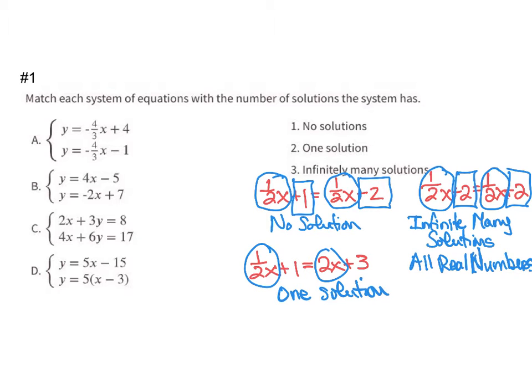I'm going to leave all those notes there, and we're going to go through A. Remember, with A, because both equations are solved for y, I can equal them together. I can say -4/3 x plus 4 equals -4/3 x minus 1.